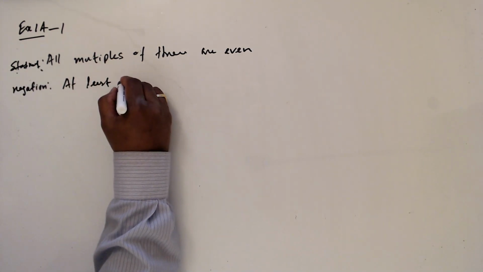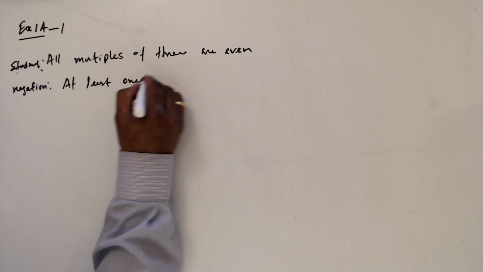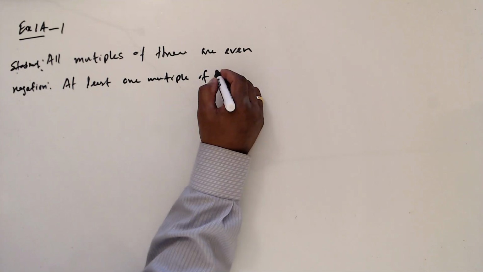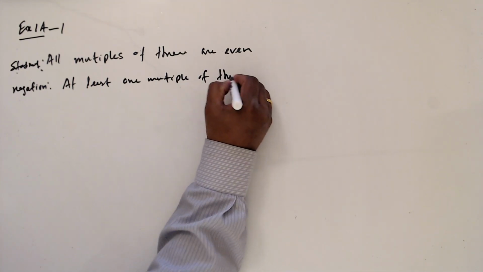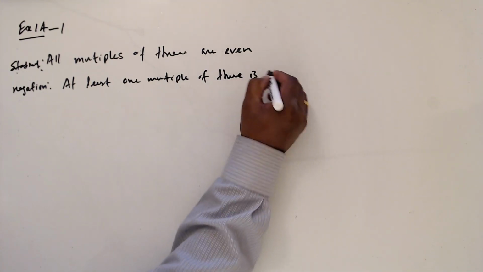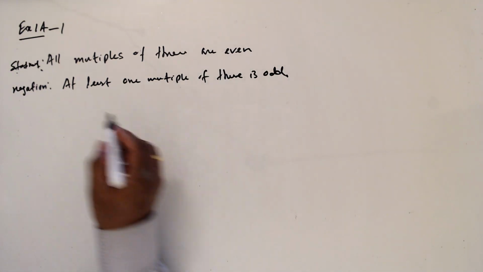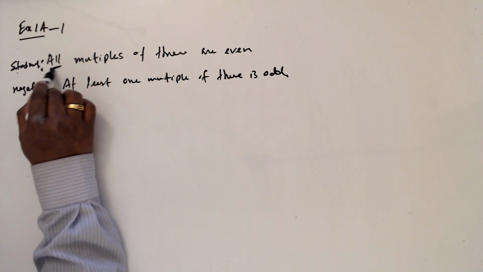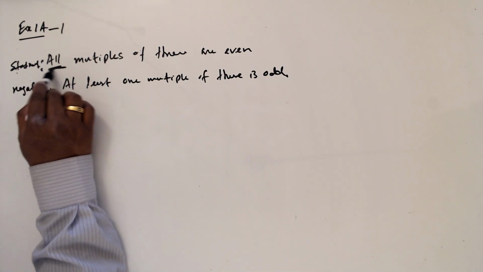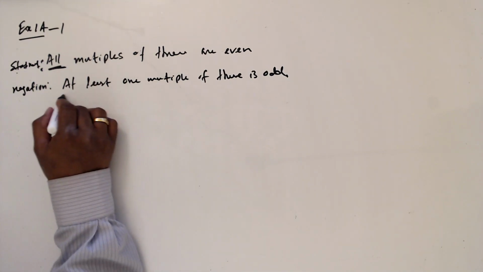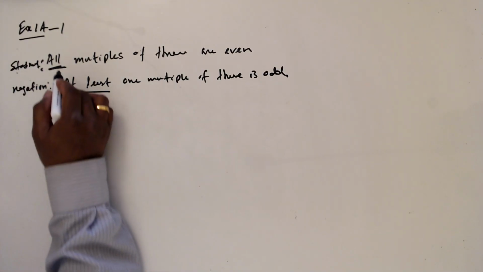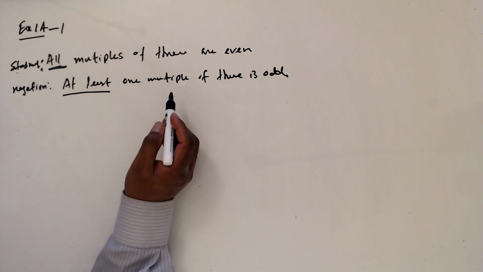At least one multiple of 3 is odd. Usually, if there is the word "all", we have to use "at least", usually, not always.